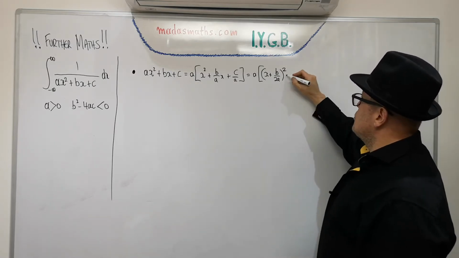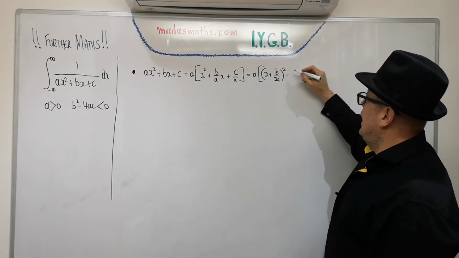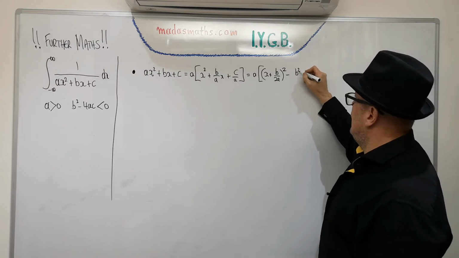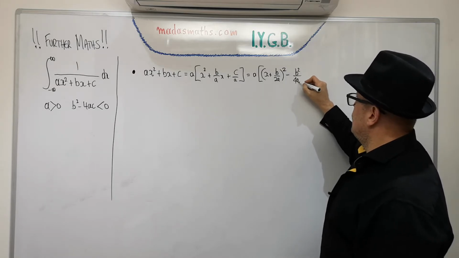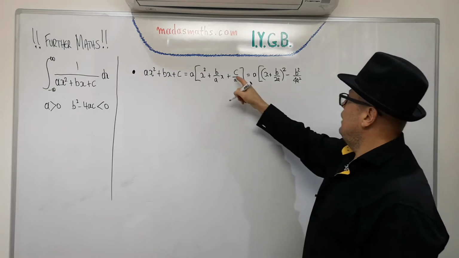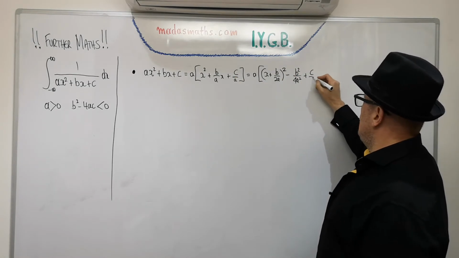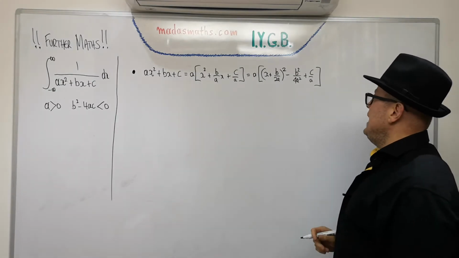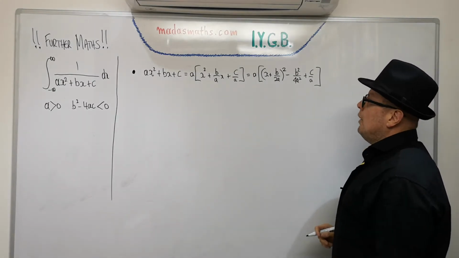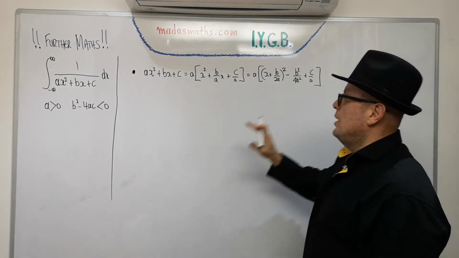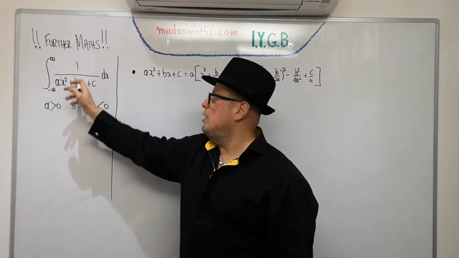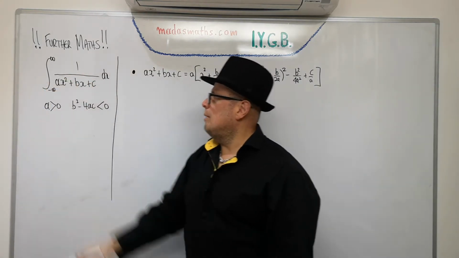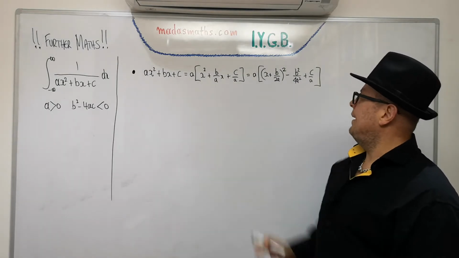And now I'm going to subtract b squared over 4a squared. And of course I've got the plus c over a. This a, of course, I can times in now, but I'm going to leave it outside throughout this particular operation, because when it comes to the integral, that 1 over a, I'll be pulling outside the integral, so I want it like this.